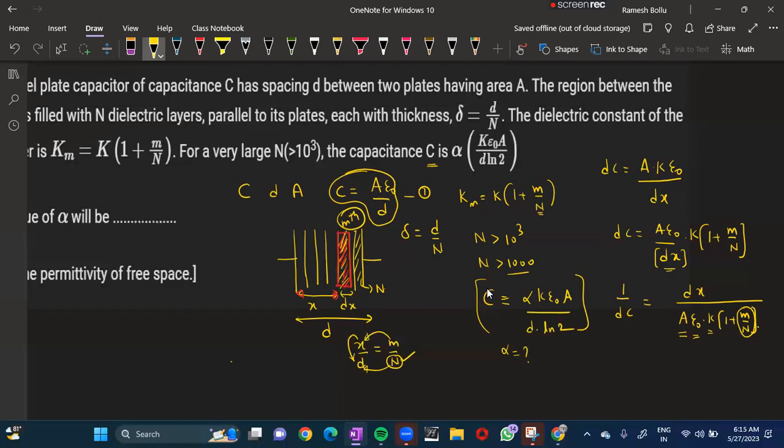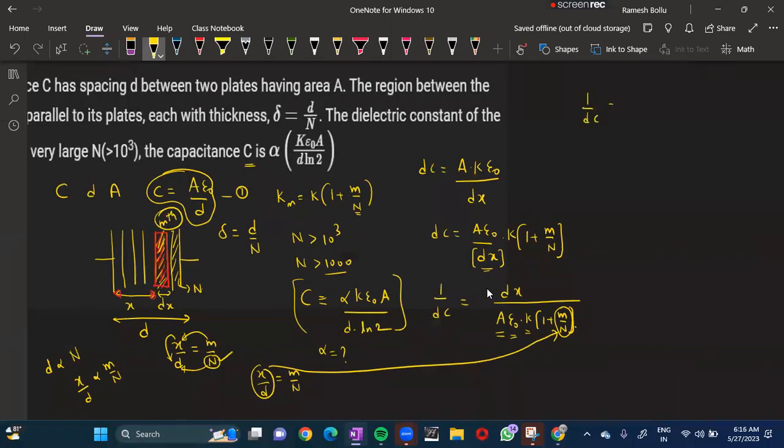I mean, distance is proportional to the number of layers. So x by d is proportional to m by N, which means x by d equal to small m by N.